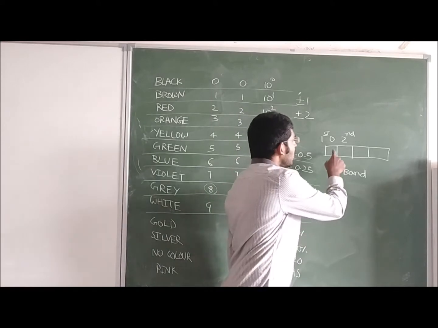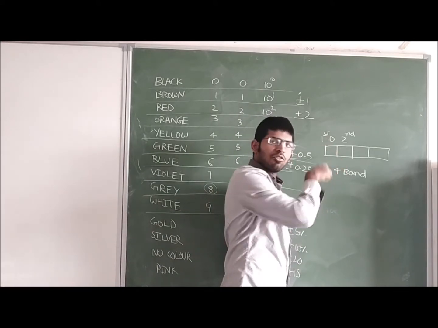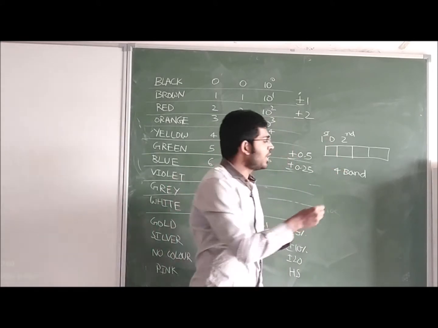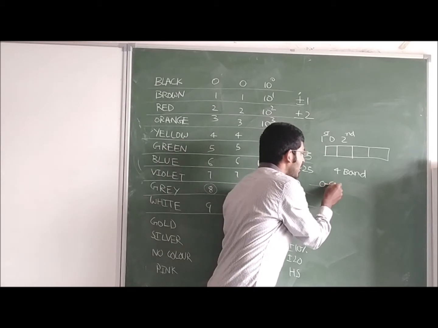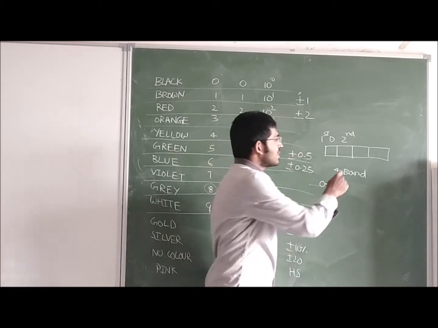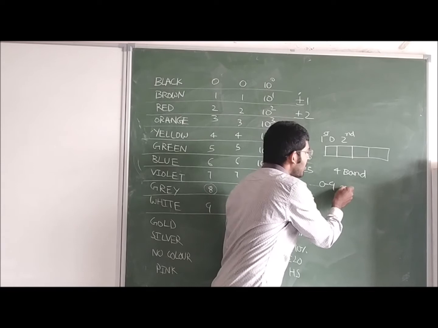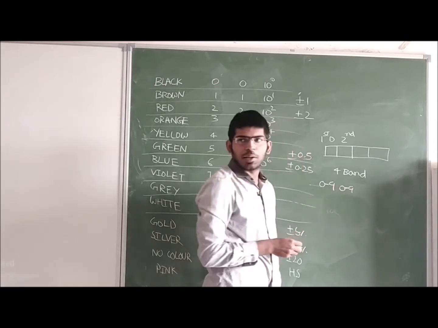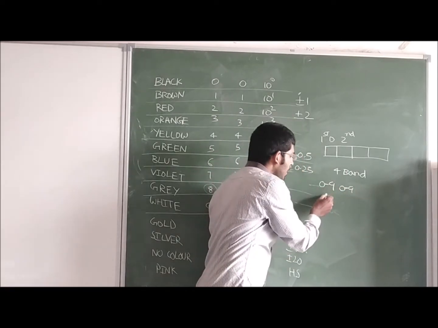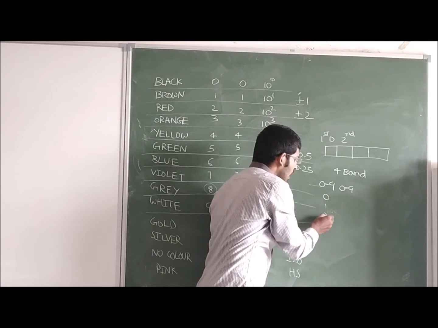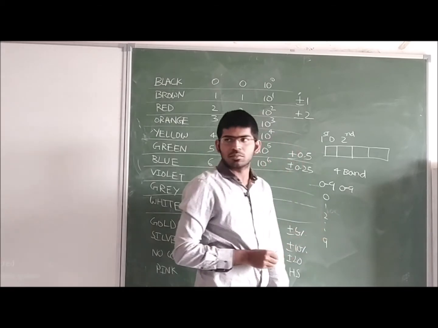For example, the first color band denotes the first digit, and a digit can be in between 0 and 9. And the second color band digit can be in between 0 and 9. This digit may be 0 or 1 or 2 and so on up to 9.